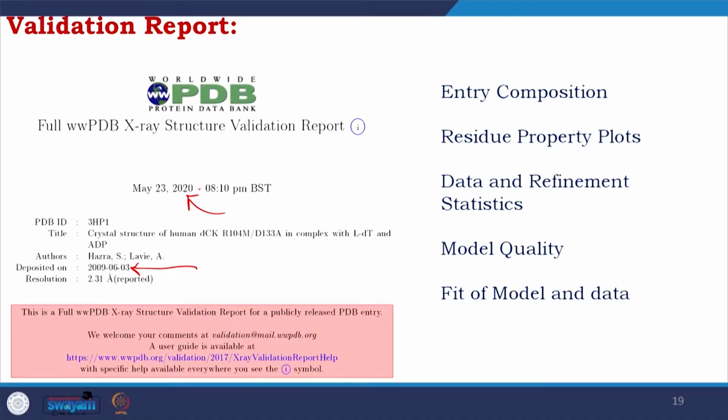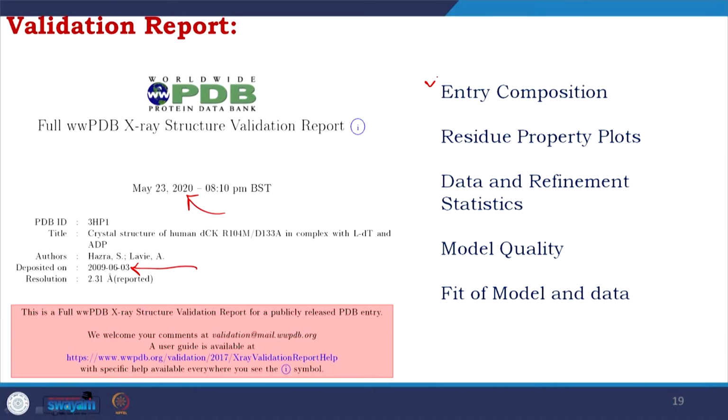So, in one word, the introduction of the validation report is a revolution. There are many aspects: entry composition, residue property plots, data and refinement statistics, model quality, fit of model and data.